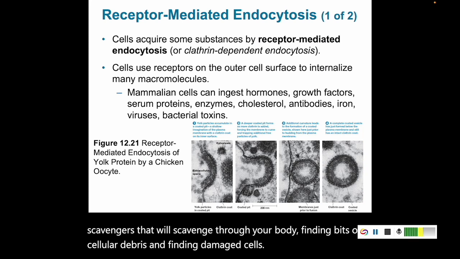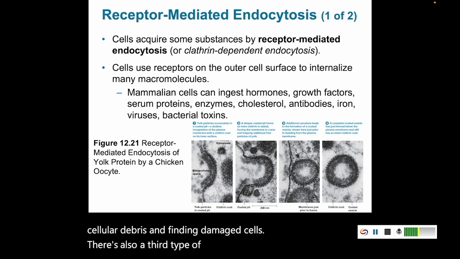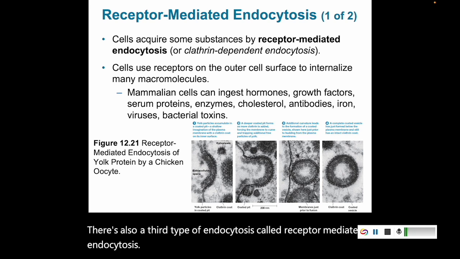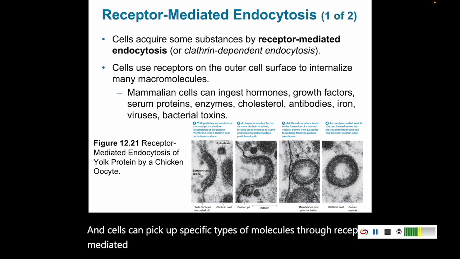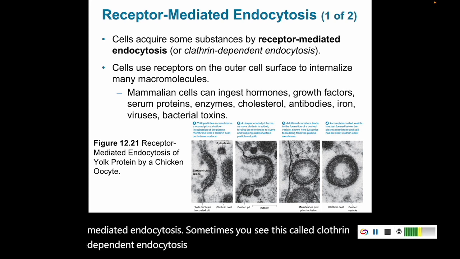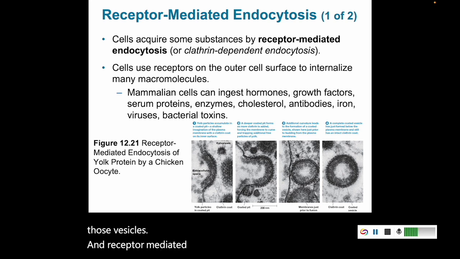There's also a third type of endocytosis called receptor-mediated endocytosis. And cells can pick up specific types of molecules through receptor-mediated endocytosis. Sometimes you see this called clathrin-dependent endocytosis because clathrin is involved in forming those vesicles. In receptor-mediated endocytosis, we use receptors.